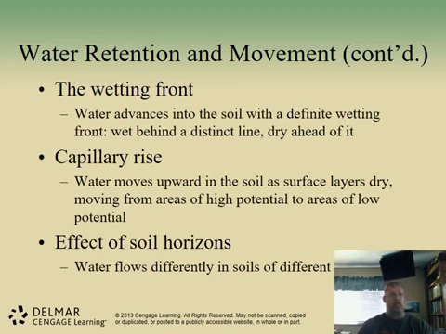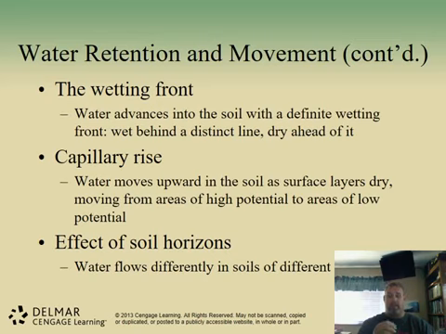Then we have capillary rise, and this is when areas of higher potential are actually above areas that are lower in elevation. So what I'm trying to say there is, after you have watered a soil, the water can flow down to a specific point and sit in a specific point for a while.